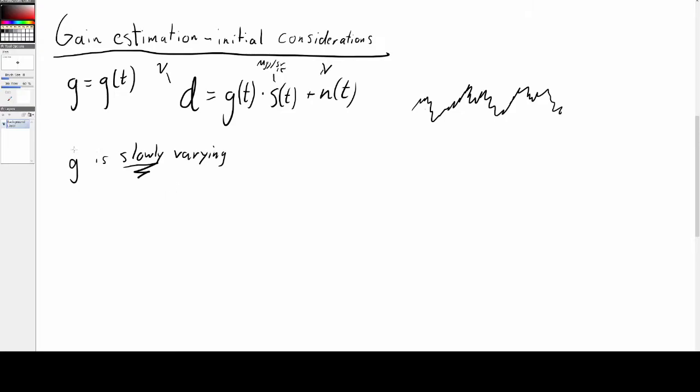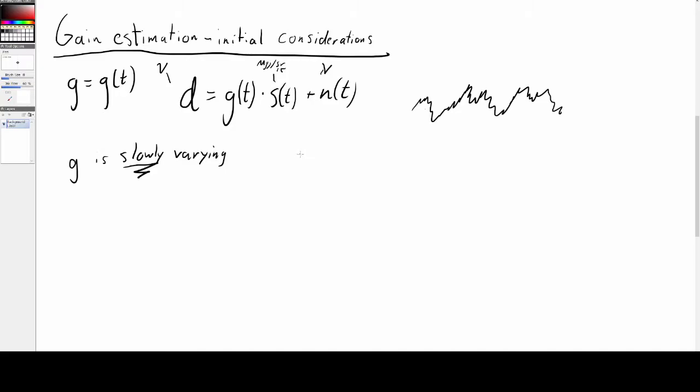It is true that the electronics of typical detectors are such that the gain will not fluctuate wildly at short timescales, and to the extent that this is a wrong assumption, the varying of the gain will be sucked up into the signal or the noise. But it turns out that this is a very good approximation.